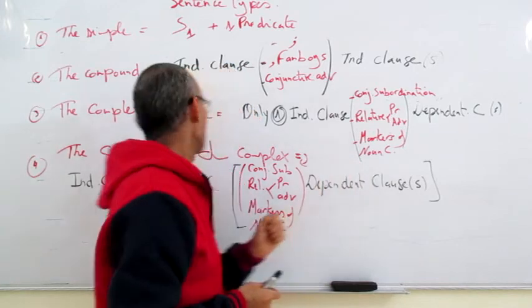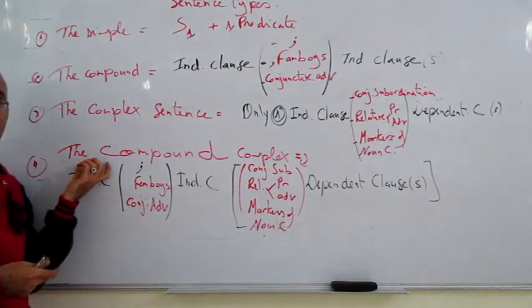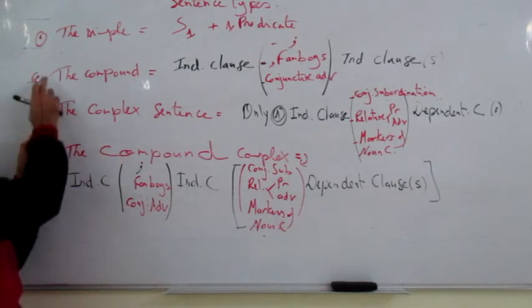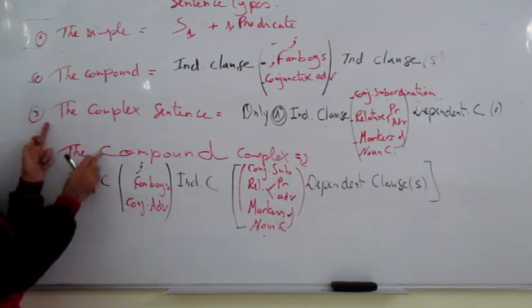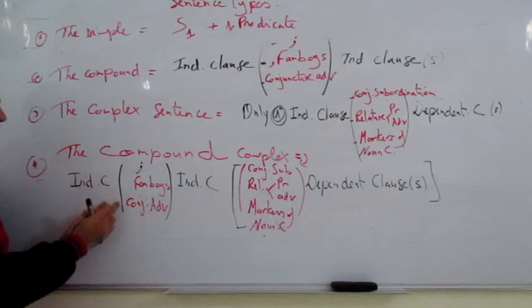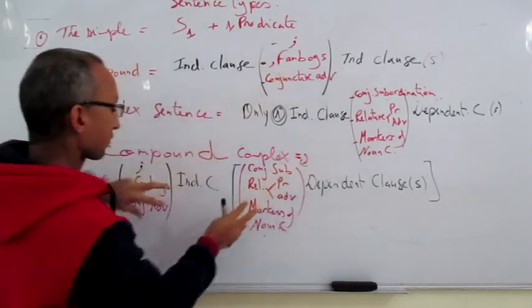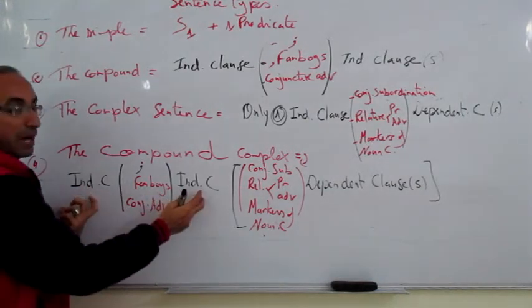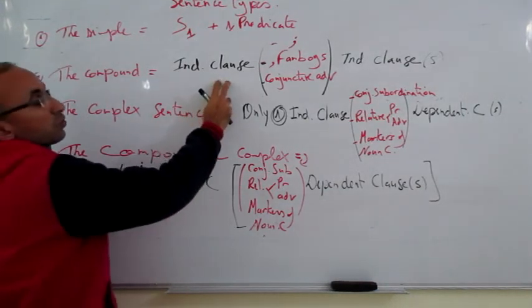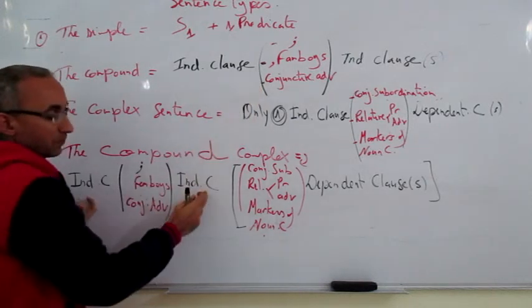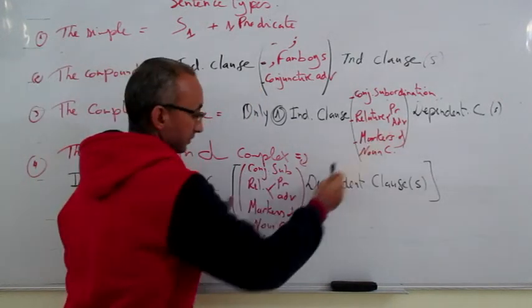Here also is the last type, which is a mixture of the two previous types, the compound and the complex. Here we have used both markers of both types. But here we have a compound, it means what? Two or more independent clauses joined by one of the markers. Then I add to that what?